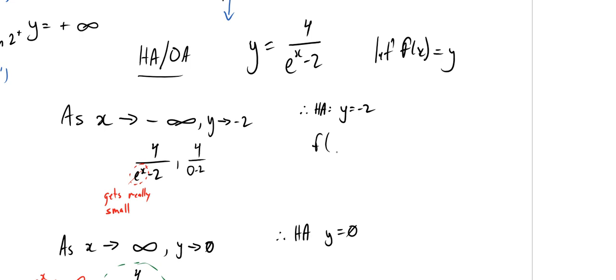It'll be too small for your calculator to represent. So we're probably just going to use negative 10 here. I'm going to punch this into my calculator: 4 divided by e to the negative 10 minus 2. I got negative 2.0000045.